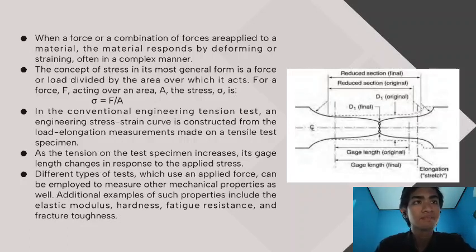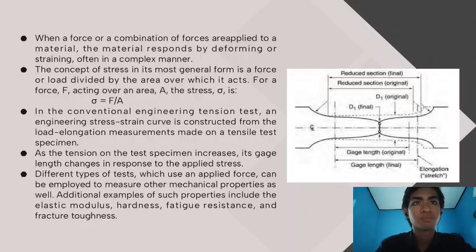As a result of this applied stress, the concept of stress in its most general form is a force or load divided by the area over which it acts. For a force F acting over an area A, the stress sigma is sigma = F/A.